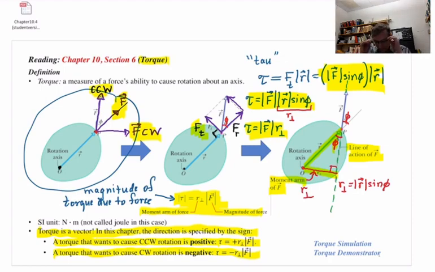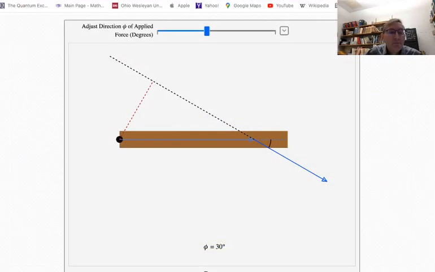Okay? All right, in this case, let me show you. We are looking down from above on a kind of stick or a rod. And the axis of rotation, O, is that big black dot on the left end of the rod. And about 3/4 of the way along it, somebody is applying a force F, pointing in that direction.